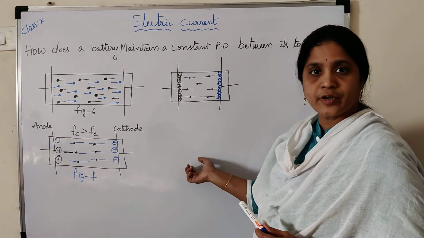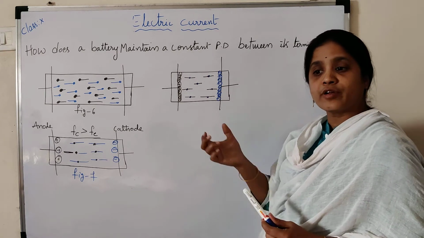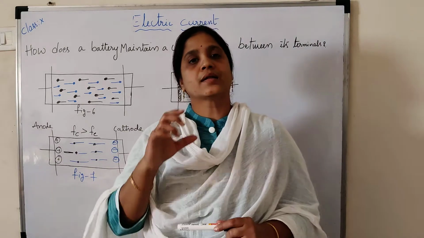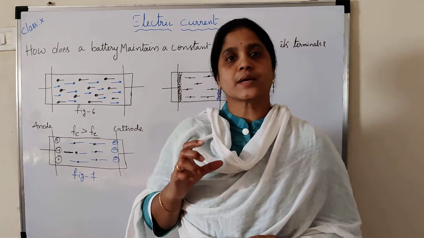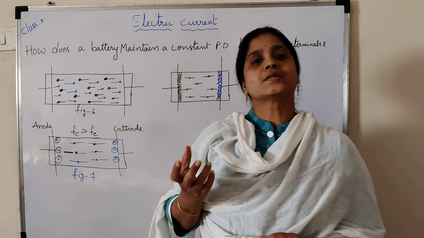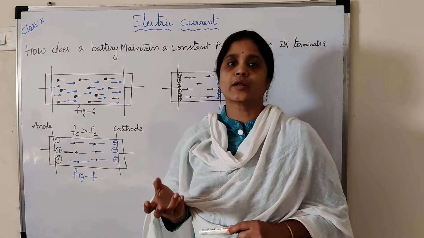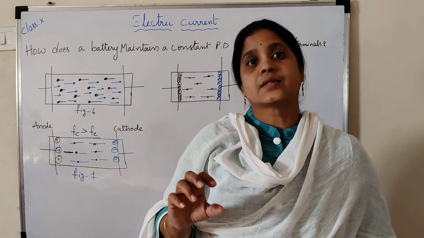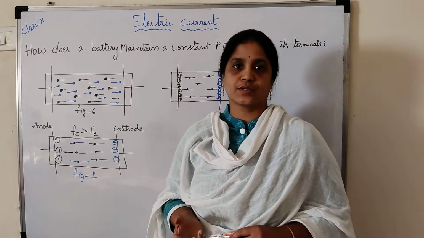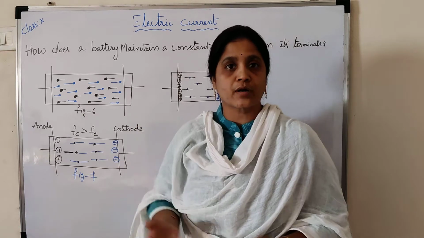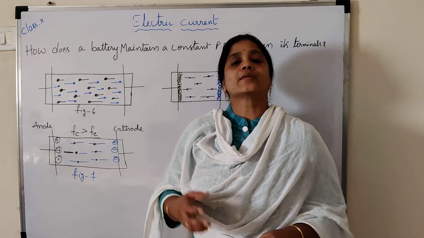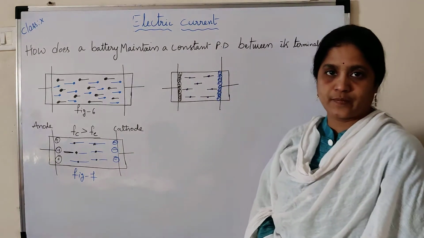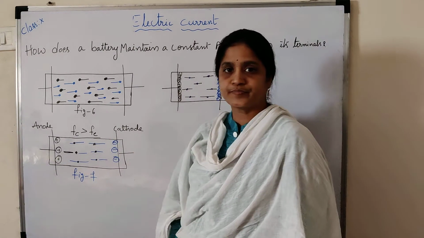Now in this video we'll discuss how a battery works when you use it in torch lights, remotes and toy cars, and why after usage of 1 or 2 months the battery is discharged and doesn't work. What is the meaning of discharge? We will learn all that in today's video.